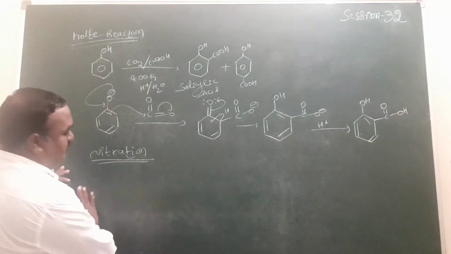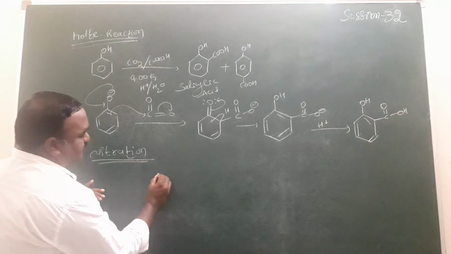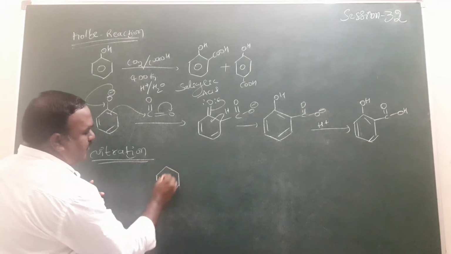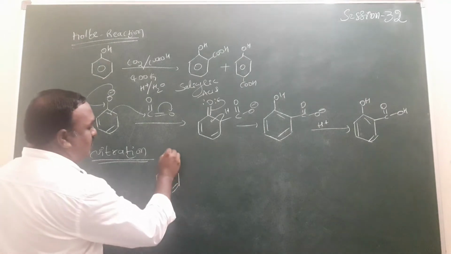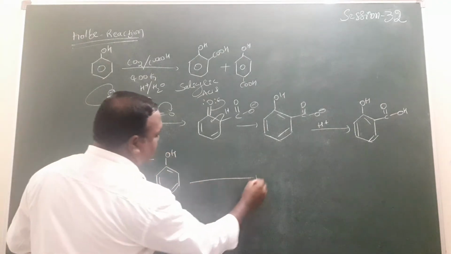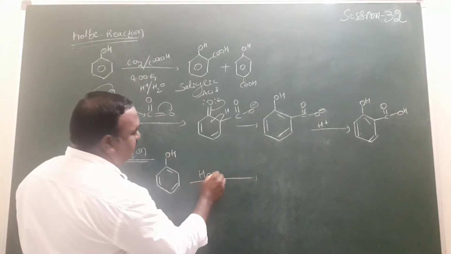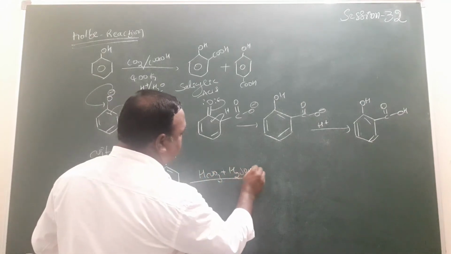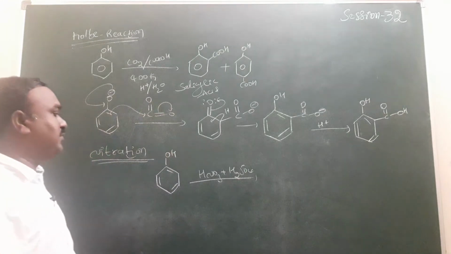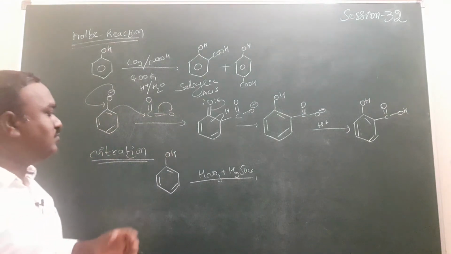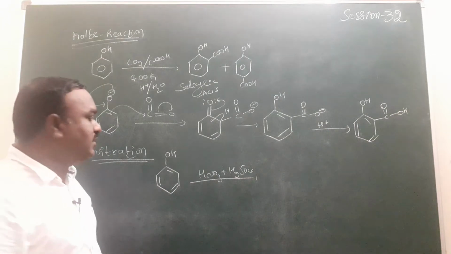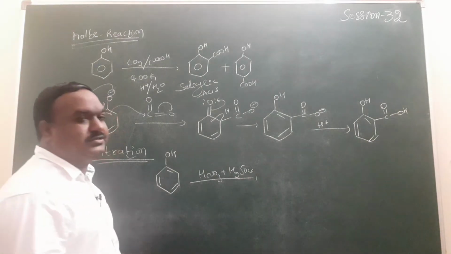Here the given compound is phenol. The compound reacts with concentrated HNO3 plus concentrated H2SO4 mixture. In this case, we have to take highly concentrated nitric acid and sulfuric acid. Why?